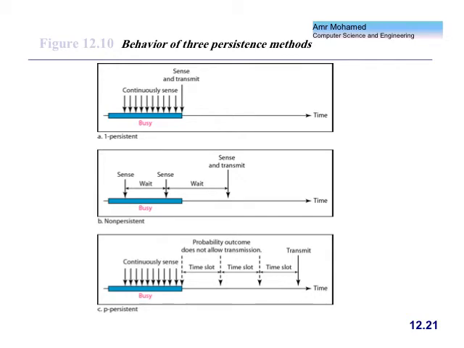Which means that you give a chance for someone else to gain the channel before you. And if that happens, then at this point in time, you will sense again and you will find that the channel is busy, and then you abstain. Which means that this wait time is not synchronized between the nodes. Notice, this wait time is different from one node to another.